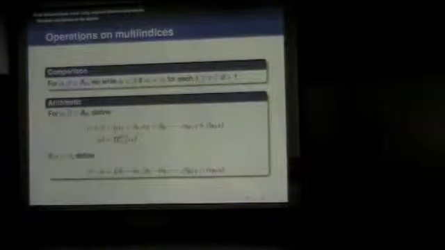Now, some operations that we can do on multi-indices. Some, but not all, multi-indices can be compared with a less than operator. If alpha_i is less than beta_i for every entry, then we can write alpha is less than beta. You can always define a sum of multi-indices component-wise, just like vector addition. We can also define a factorial of multi-indices.